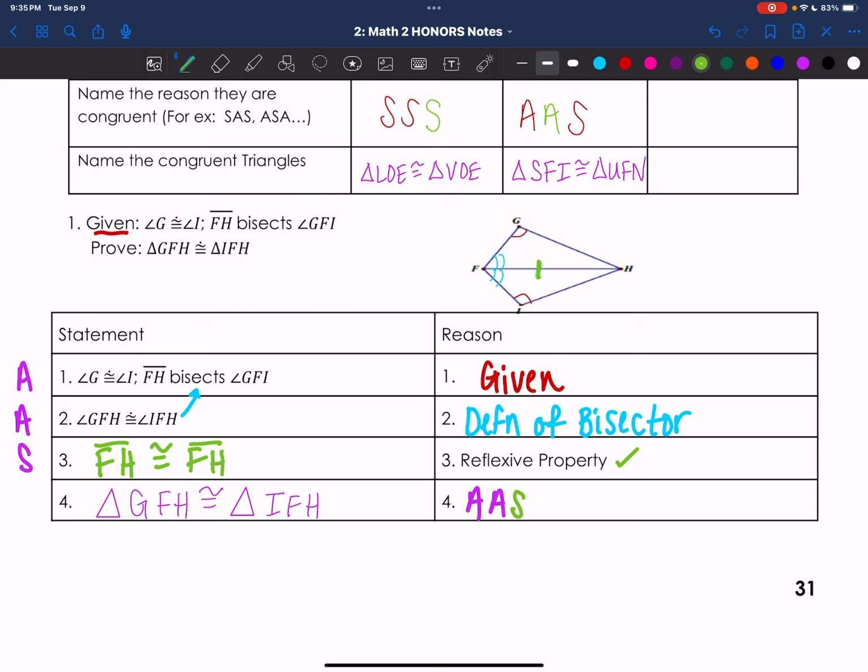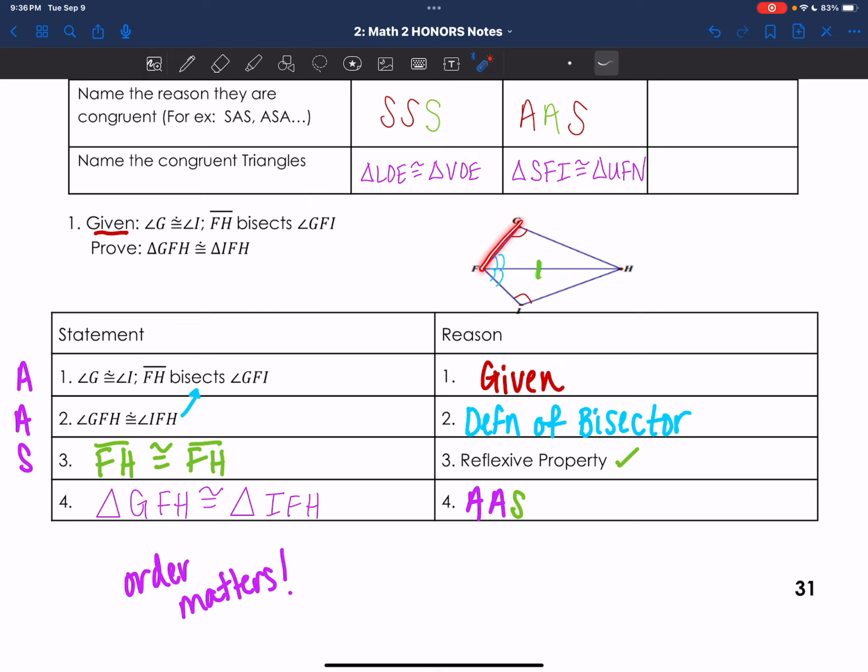And then the last step is to write your congruency statement. So we need to name the triangles. Again, order matters, it has to go in order. So if you were to have triangle GFH, since we started with G, we said G goes with I, so I has to be first.